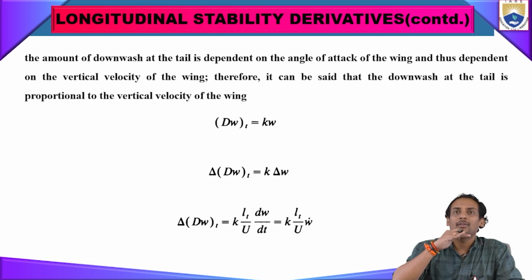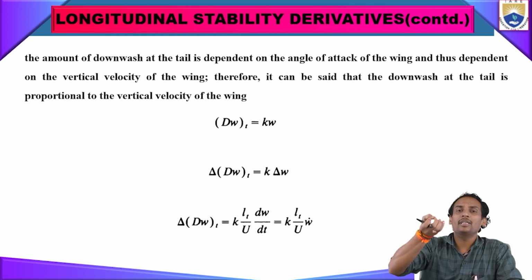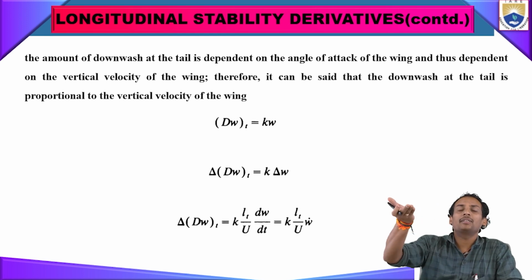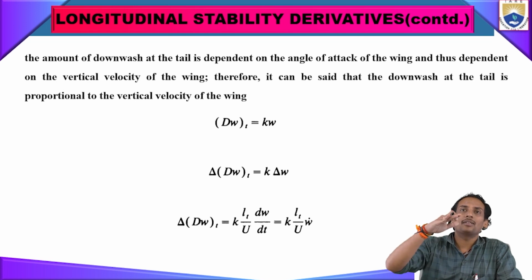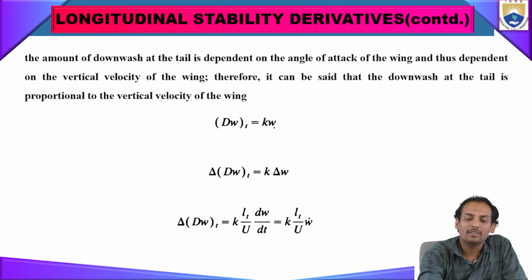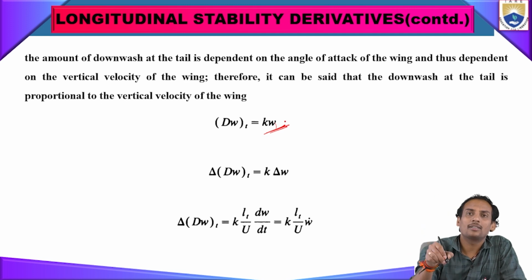The vertical velocity of the wing is given due to the wingtip vortices. So the vertical velocity is directly proportional to the w component, which is the downward velocity component.